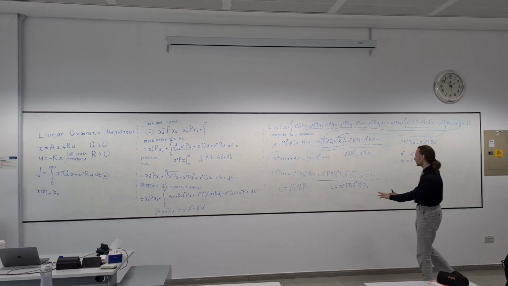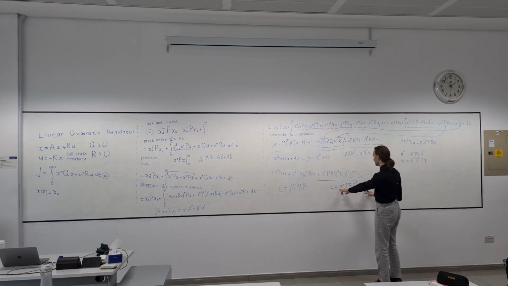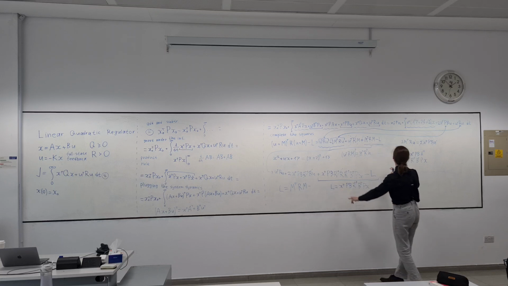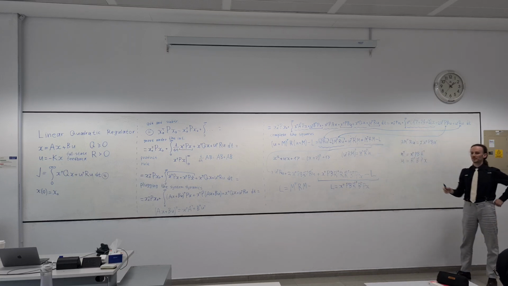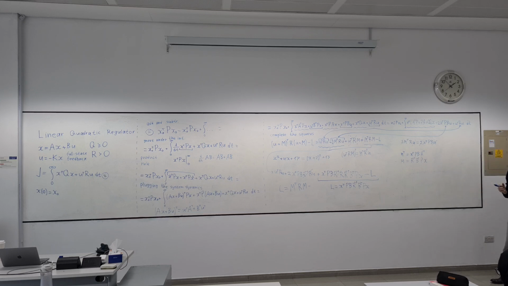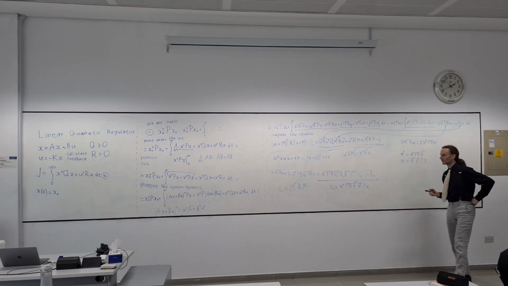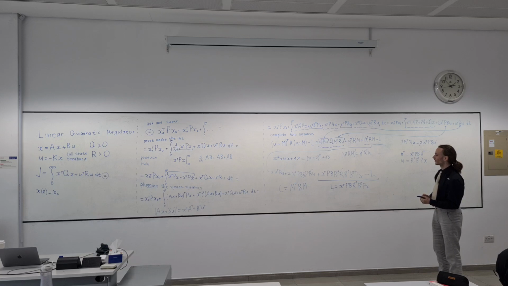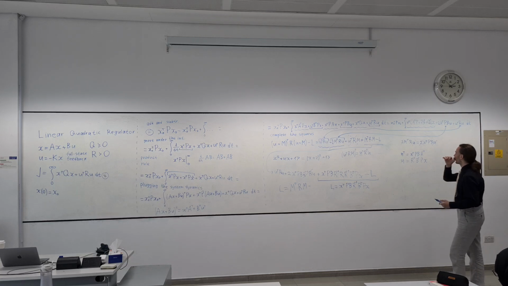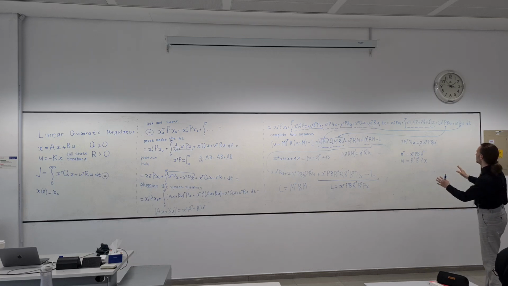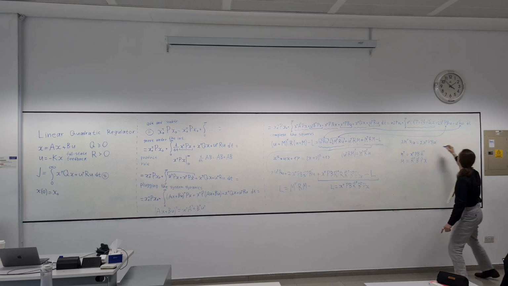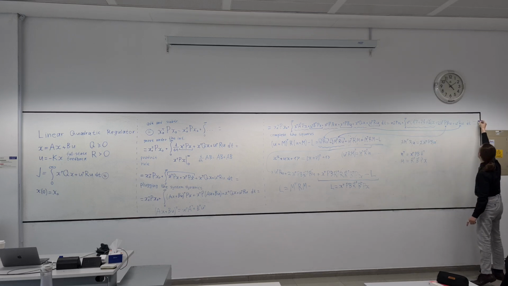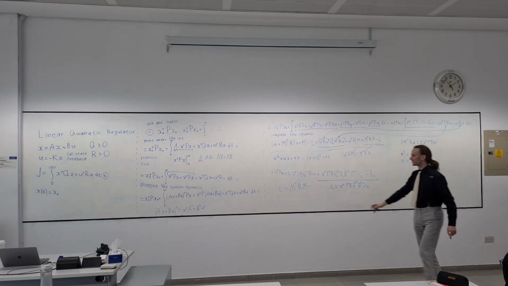But the thing is that we have X on both sides here, and we're going to move this into the first part of the expression under the integral. So this integral is equal to the thing that I'm going to write now.